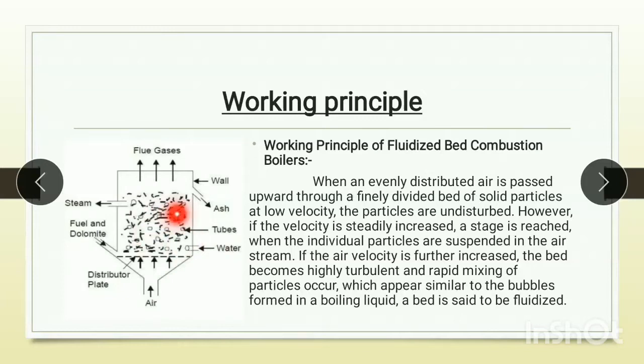When we boil a liquid, the bubble formation, or boiling process, starts. Same as in this chamber, the particles start flowing inside this wall. That particles carry heat along with them, and that heat gets absorbed by these water tubes, and steam formation is done. So this is how it works.